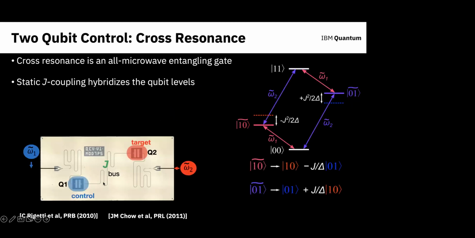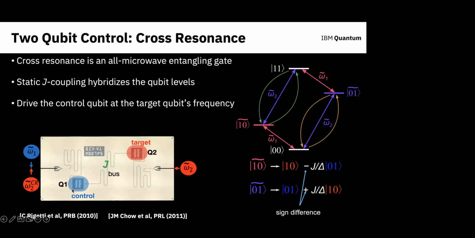The reason we can get away with this is because we have different frequencies, so we can address the target via the frequency of the control qubit. All we need to do is make sure we can control these qubits. There's a lot of stuff that needs to go on here, but basically these frequencies need to be well isolated so that we can address them well.